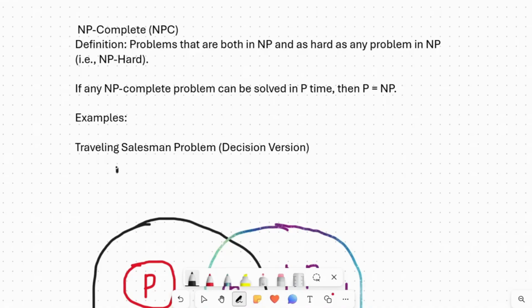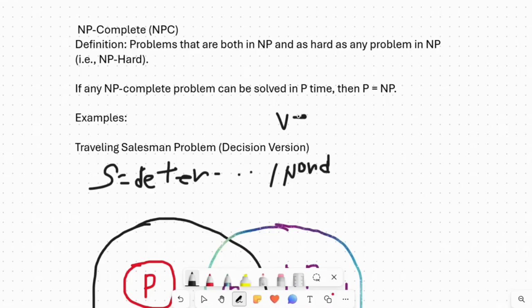Its solving can be deterministic or non-deterministic, but verification is polynomial or non-polynomial.